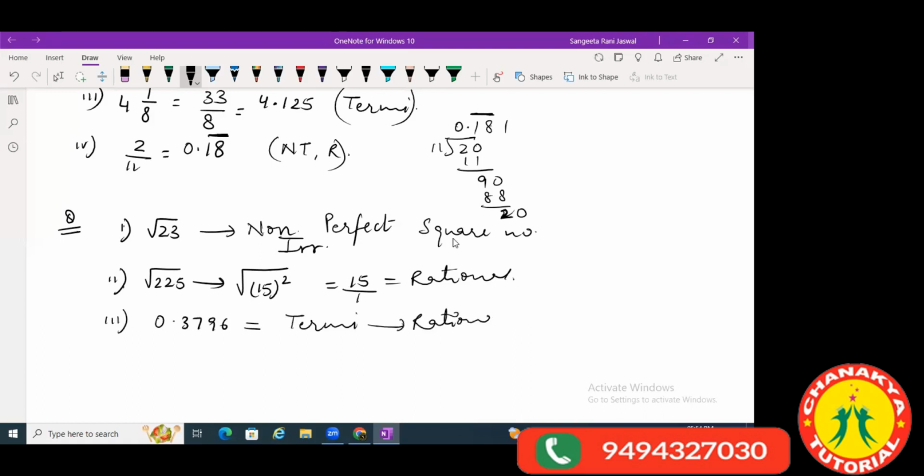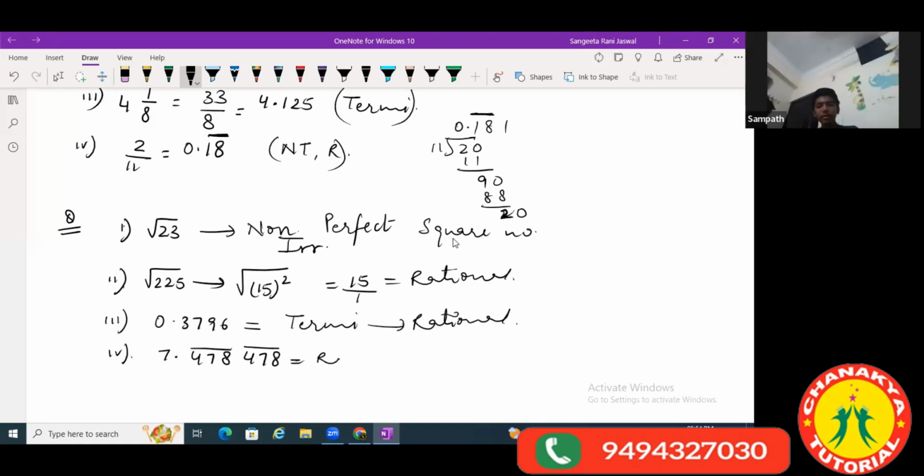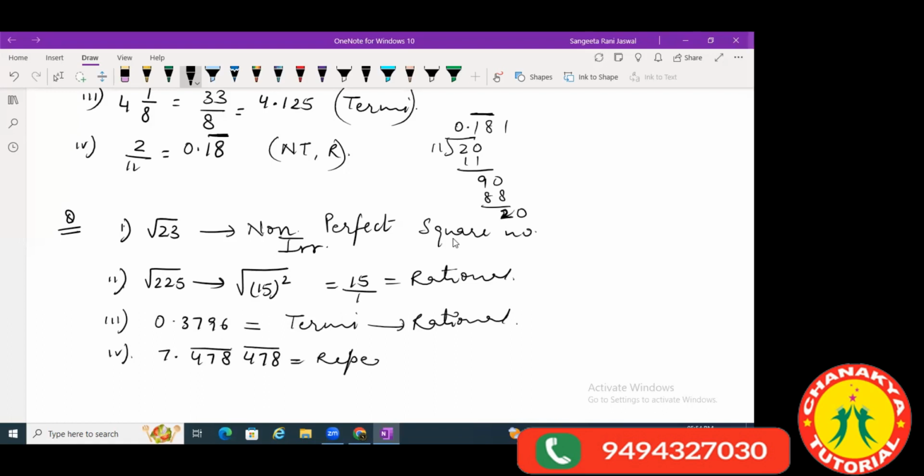This is how we are classifying between rational and irrational. The next one we can have 7.478, and then again we have 478. We can see this string of numbers is repeating, and repeating means rational.